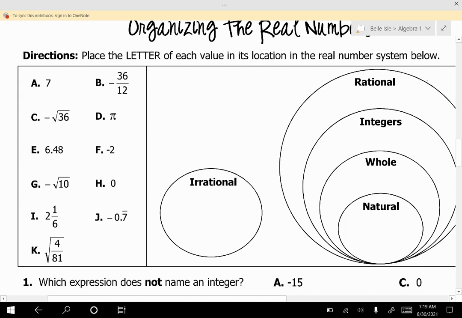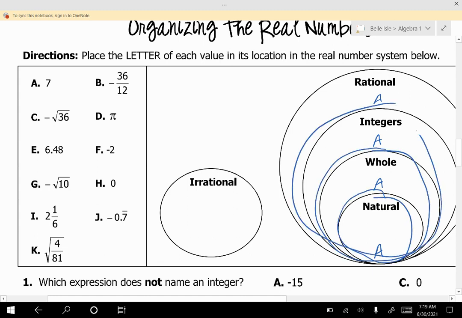Okay, so like if we look at A, you have to determine which one that falls into. Okay, so like for instance, if you think A falls into rational, that's because it does. Okay, it also falls into integer, falls into whole, falls into natural. Okay, so if you notice, all of these smaller circles are already inside of the one that's bigger than it.